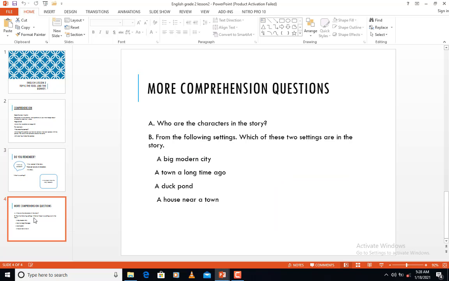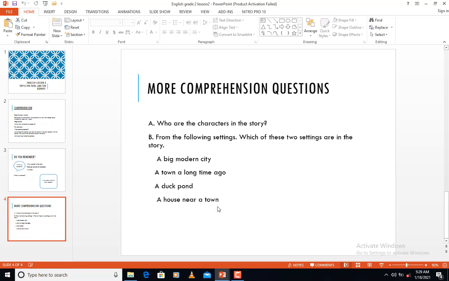So we can also have more questions like, who are the characters in the story? You get to tell me those characters. From the following settings, which of the two settings are in the story? Like a big modern city, a town a long time ago, a dark pond, a house near a town.